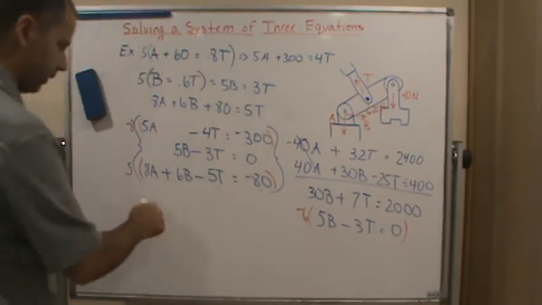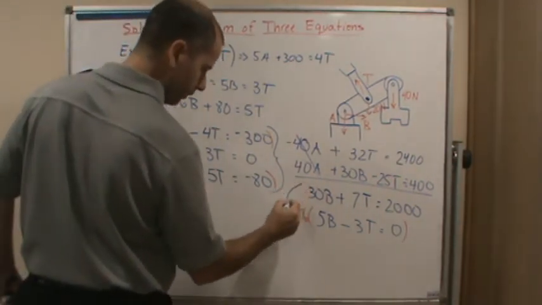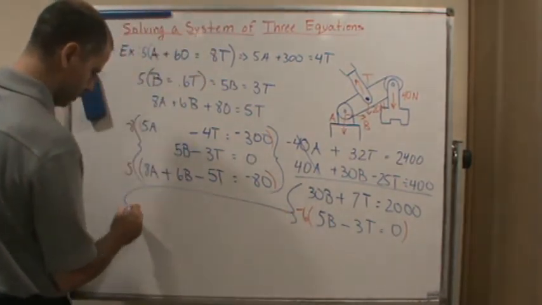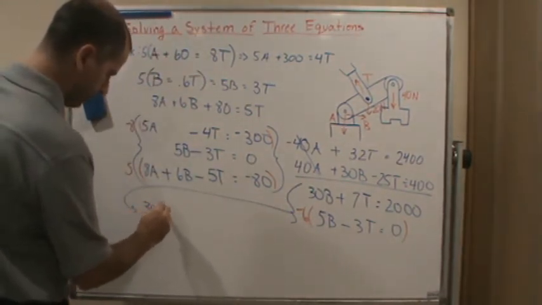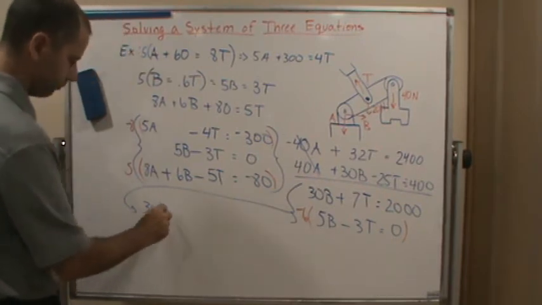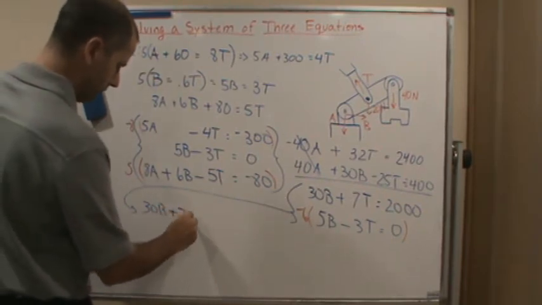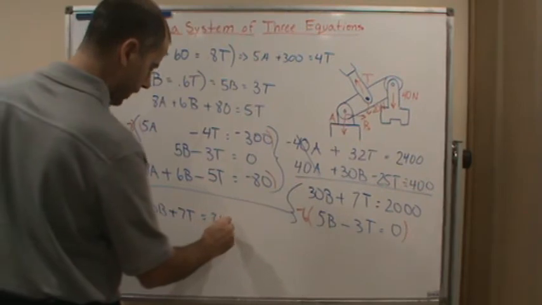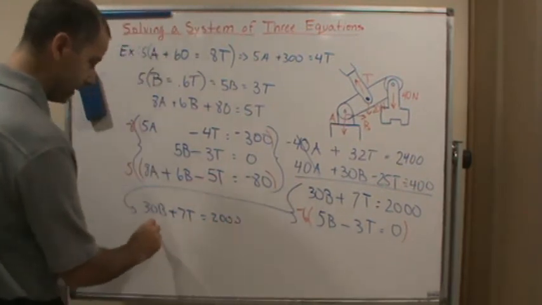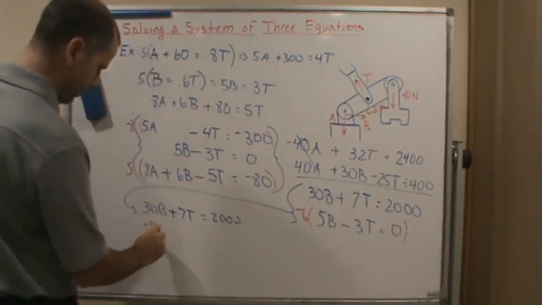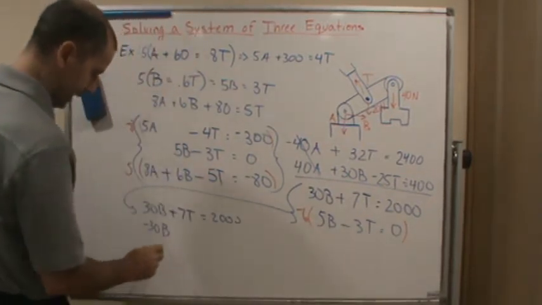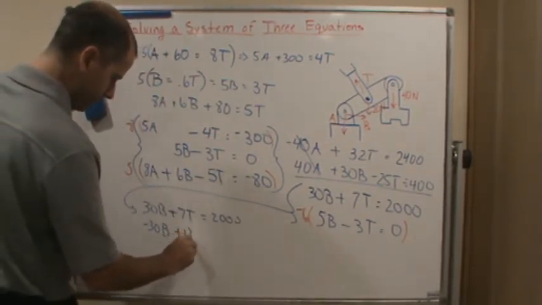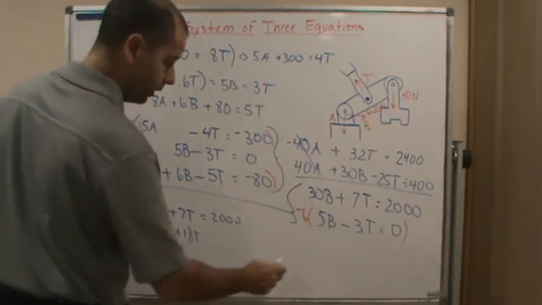And so what do I get? I'm going to write this over here. Okay, so I get 30B plus 7T equals 2000. And I get here negative 30B, positive 18T equals 0.